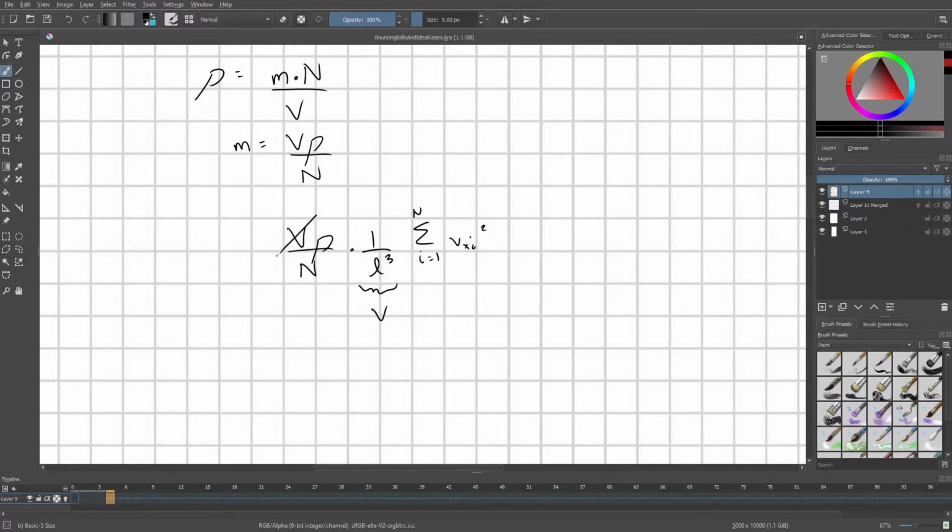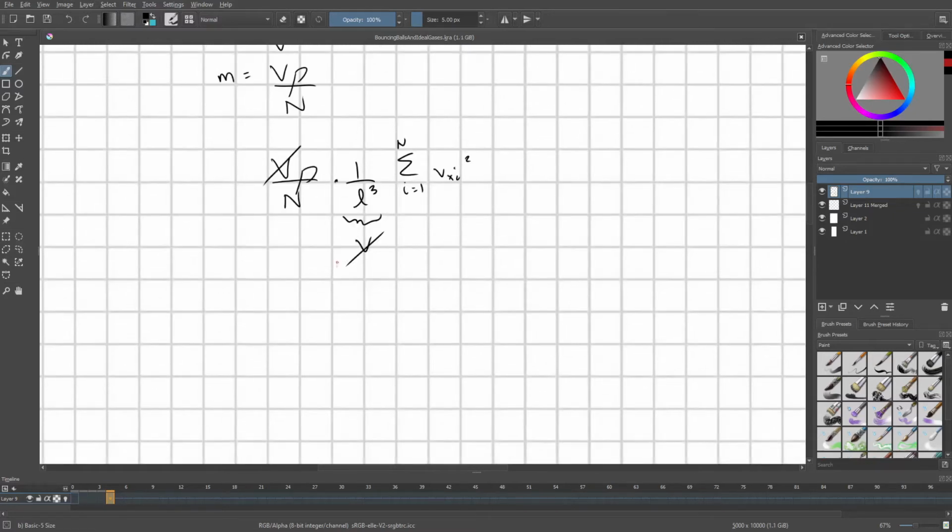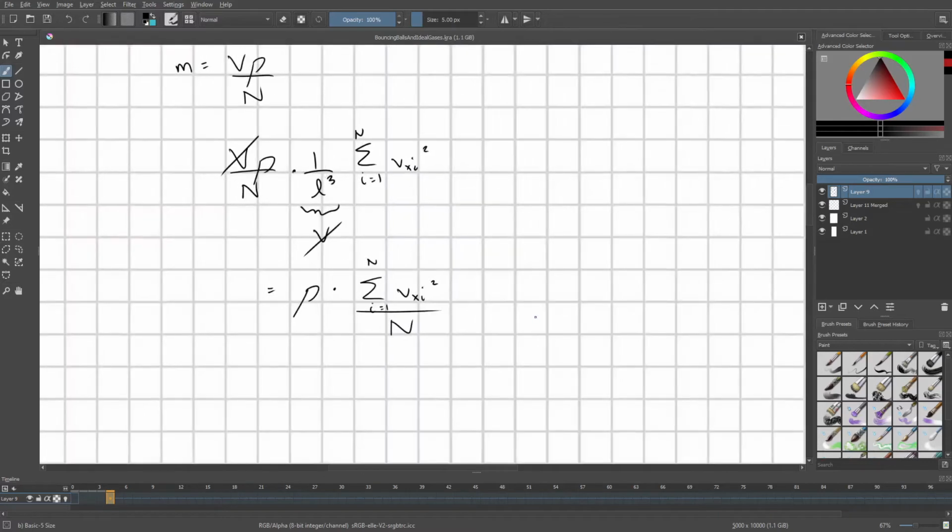And so these volumes are going to cancel out, and we're going to be left with the following. And I'm going to write this in a suggestive way. So I'm going to write rho times sigma from i equals 1 to n of vxi squared, and then this entire thing divided by the number of particles.